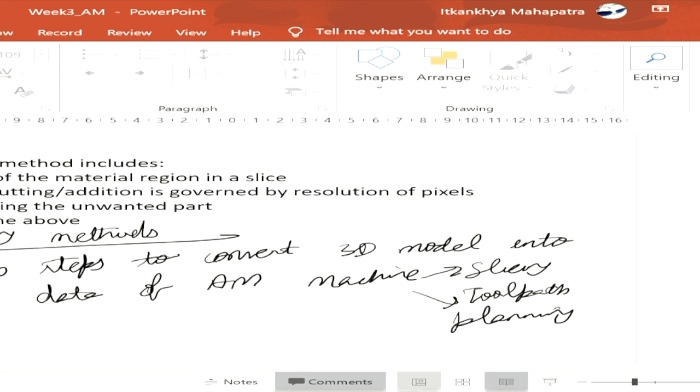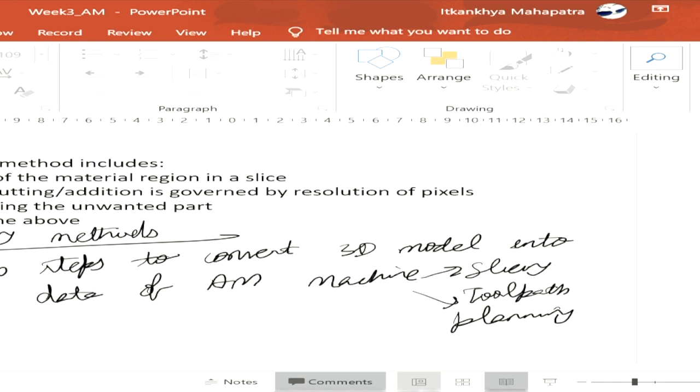Now moving to the question which we had. Grid cutting method includes negative of the material region in a slice; material cutting or addition is governed by resolution of pixels; for removing the unwanted part; none of the above. This method involves dividing an image into a grid of small squares or pixels and then performing various operations on these pixels to achieve desired changes in the image.